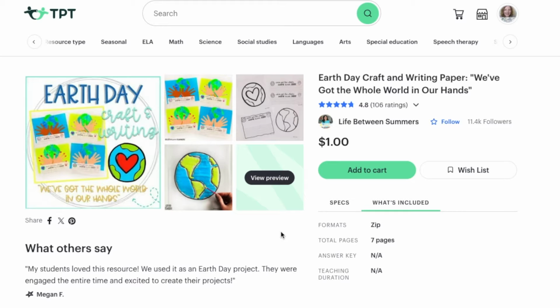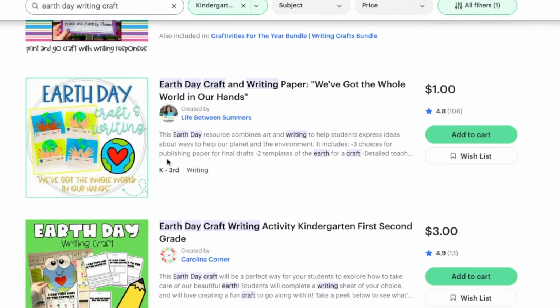I suspect it will be, because this is, again, pretty basic. But for some teachers, this is all they need or all they want. So forking out $1, maybe they forgot it was Earth Day on Tuesday, I think it is. They can look it up, find this, buy it. They're good to go. All right, let's go back to the other ones.